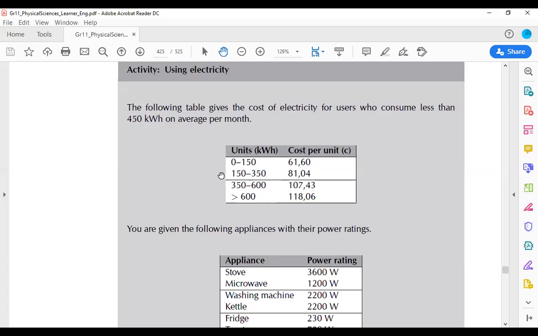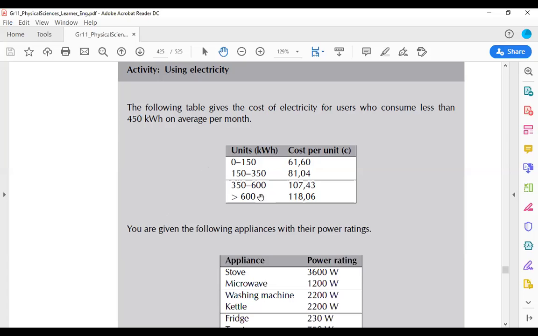So if you have now used more than 350 kilowatts at this rate, and you go and buy electricity, you will realize that you're going to get fewer kilowatts than you did before, because now you are using it at 107.43 cents per kilowatt. So now you are actually paying more for how much you are using. It's very important that you guys save electricity, because the more electricity you use, the more you start paying.